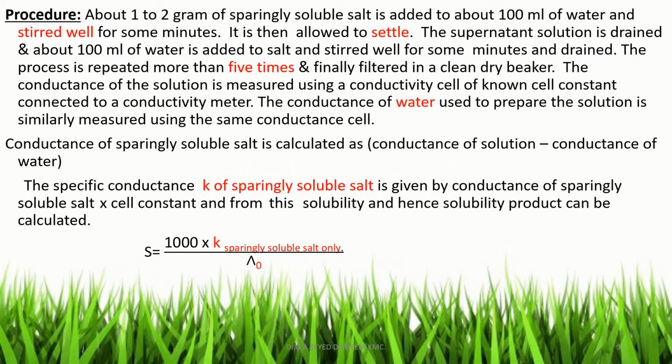In this way, the solubility of the sparingly soluble salt is determined, and the square of the solubility gives the solubility product of the sparingly soluble salt. These are about the determination of solubility and the solubility product of a sparingly soluble salt. The calculation part and the result of the experiment are given in the next slide.